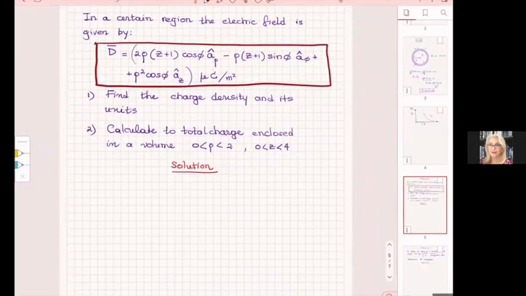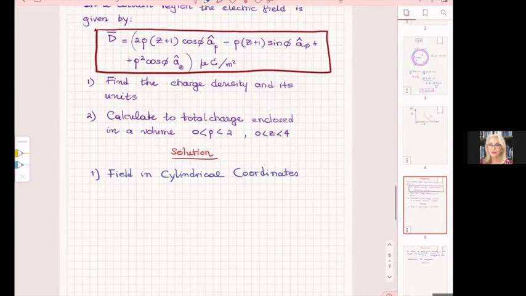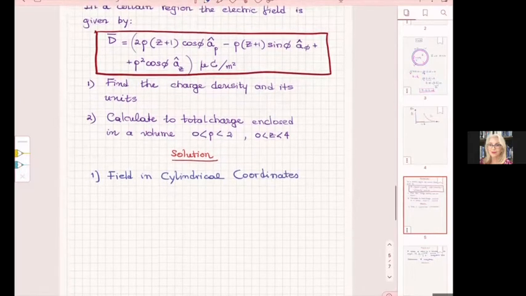So obviously observation number 1: field in cylindrical coordinates. And then it says number 1, find the charge density and its units.